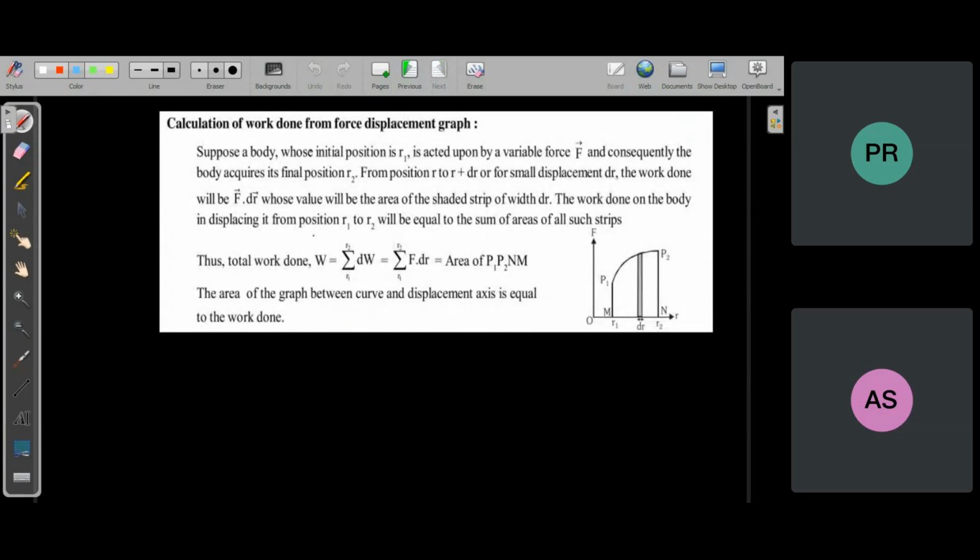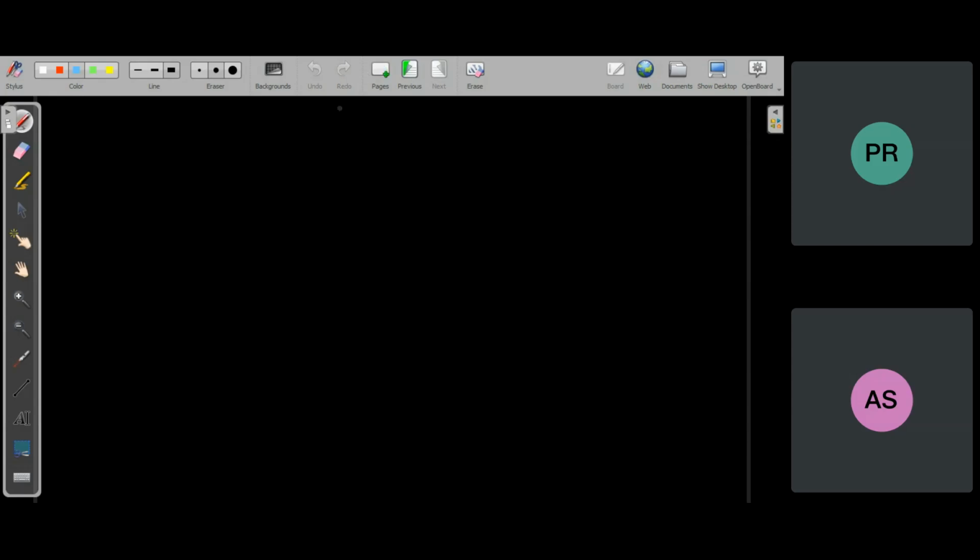Okay. So now here, you already know the physical meaning of integration. When you integrate a function, suppose y is some function of x, then you already know what this integration y dx represents.